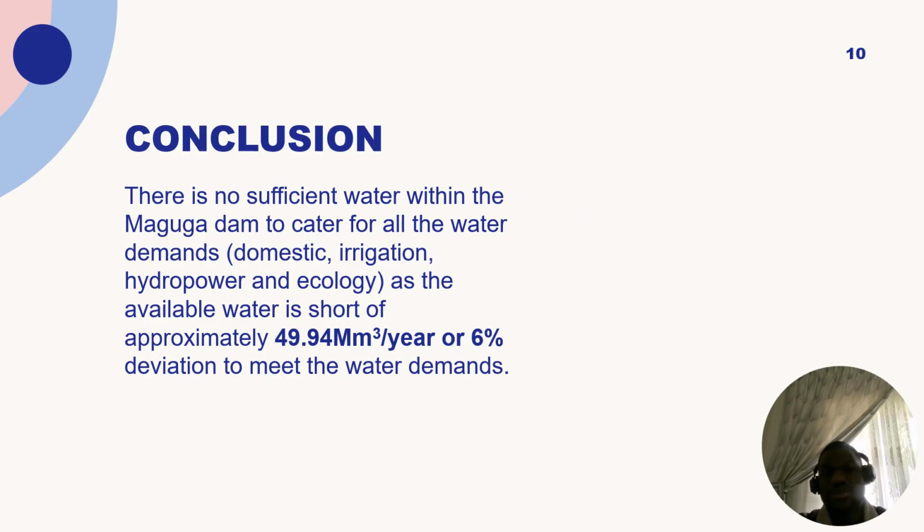In conclusion, there is not sufficient water within the Maguga Dam to cater for all the water demand. As shown before, the 6% deviation would need to be covered for the supply to meet the demand.